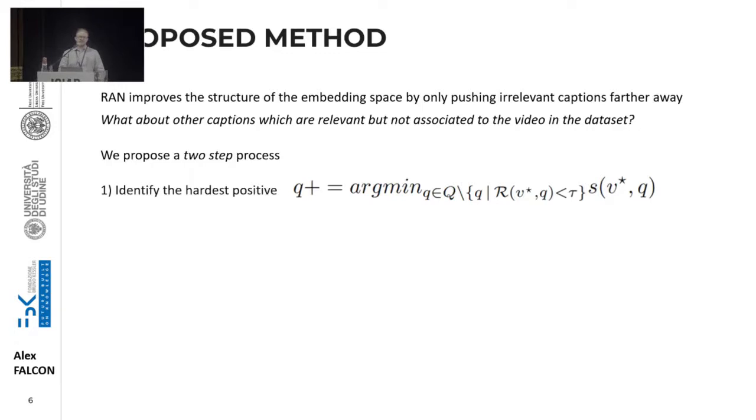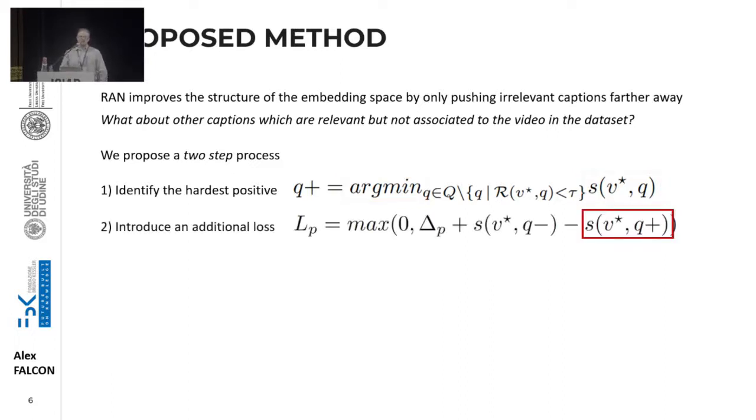First of all, we identify the hardest positive at each iteration, which means that, again, we use the relevance and tau to create a pool of relevant items which can be used for the learning process. We pick the caption which has the lowest similarity to the video, since we want to pull it closer to the video, which means that we also need an additional loss term which increases the similarity of Q+, the identified positive, with the video V-star.